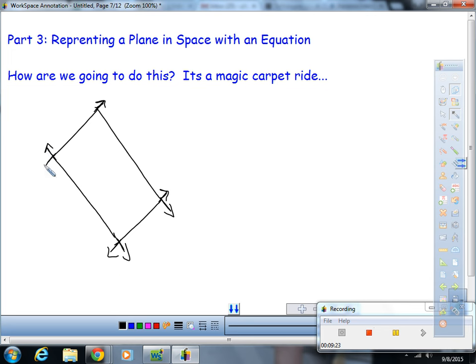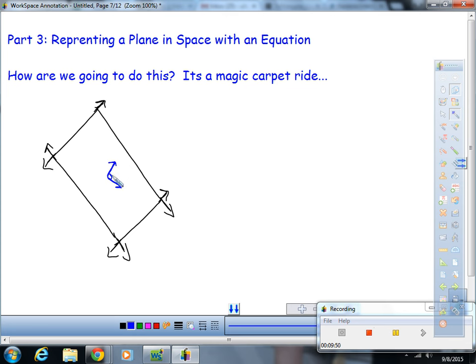And even though it's going on forever in every direction, it's still important that we can represent it and that it can be relatively specific. Okay, so what I want you to envision, and this is going to be hard to draw, is a joystick coming out of this carpet that you could hold and control the carpet with.